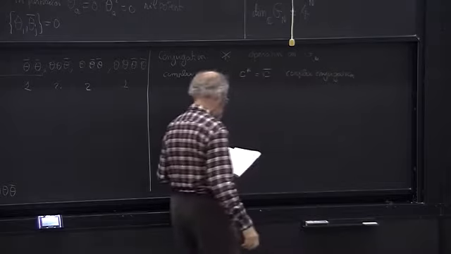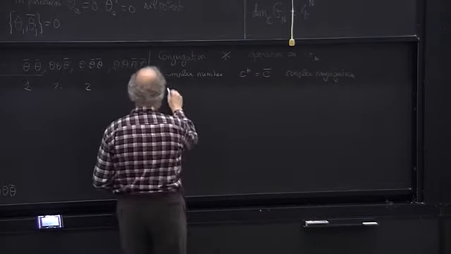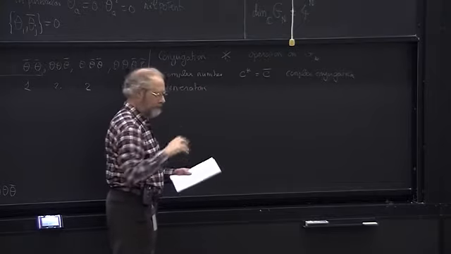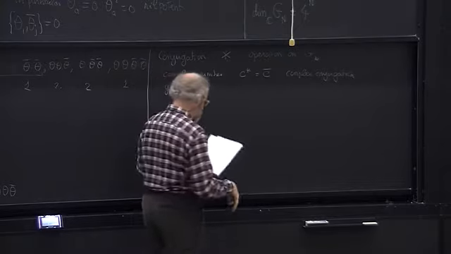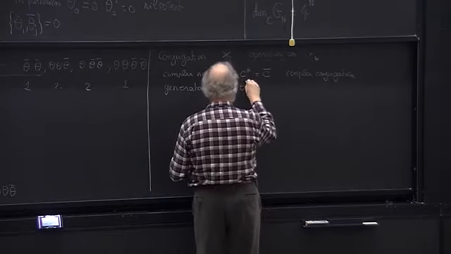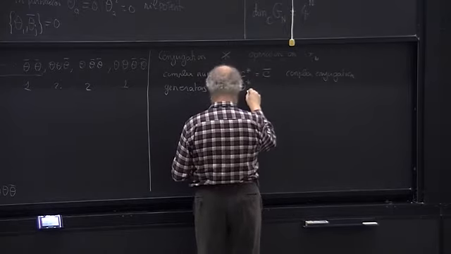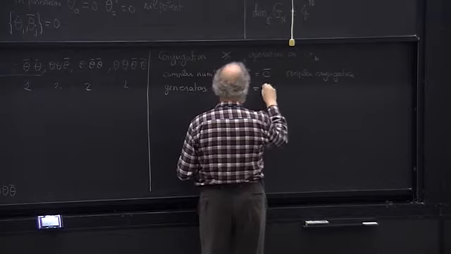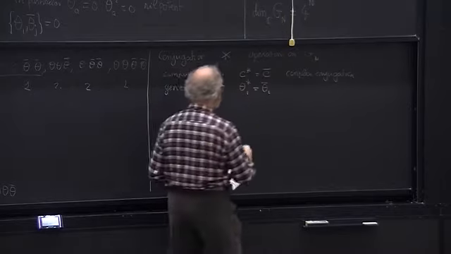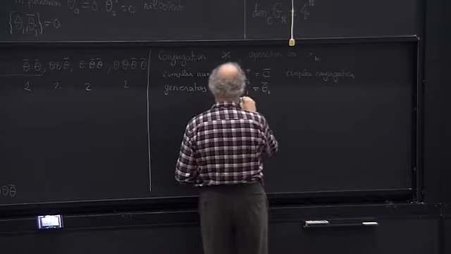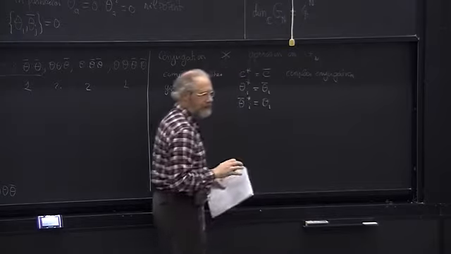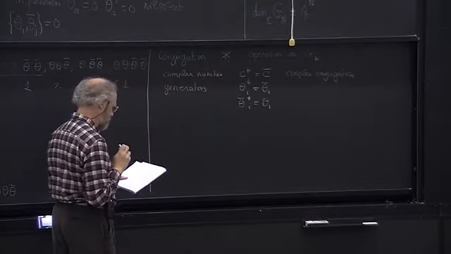For generators, theta star of some number I, let's say, is theta bar I, so the operation switches between thetas and theta bars, and theta bar star I is theta I. So it looks like complex conjugation.